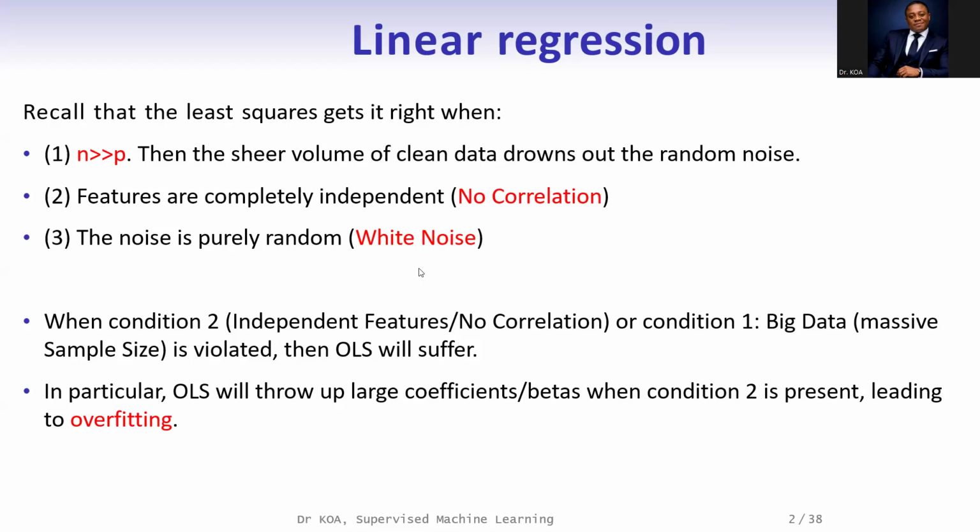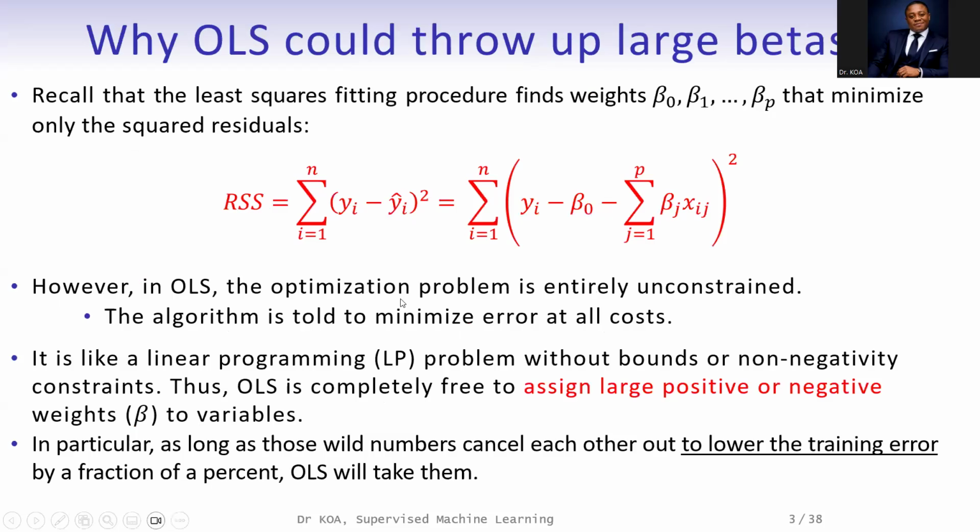All right. Now, if the number of independent variables is more than or even closely equal to the sample size, you will have a problem of overfitting. These are some of the problems we encounter.